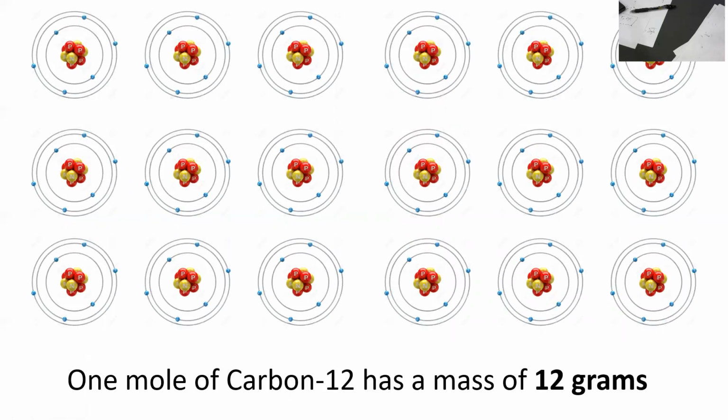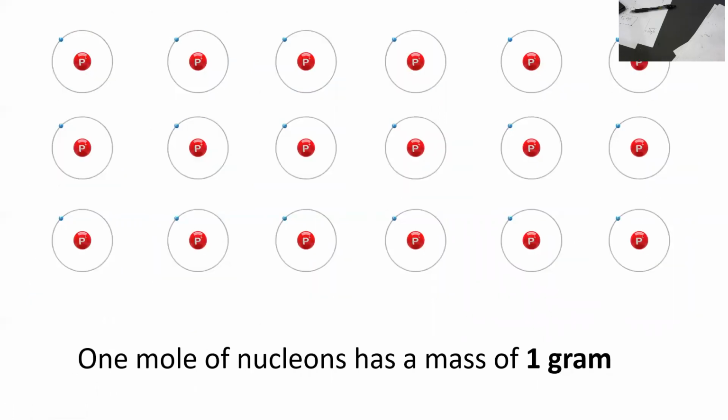If a mole of carbon-12 has a mass of 12 grams, then what would the mass of a mole of just nucleons be? That would just be 1 gram. Think about that for a second. I would just memorize that because it's a very useful fact. If you have a mole of nucleons, they weigh 1 gram.